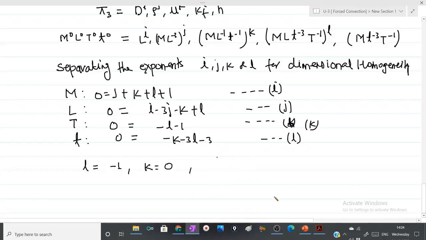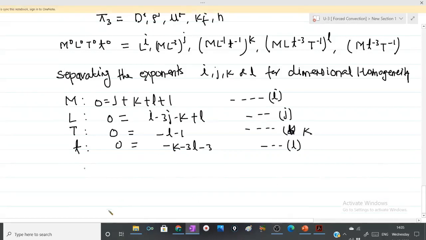If I put the value of K and L into equation I, I will get the value of J is equal to minus 1... From the equation K, the value of L will be minus 1. Value of K will come out 0. Value of J will be 0. And value of I will be 1.